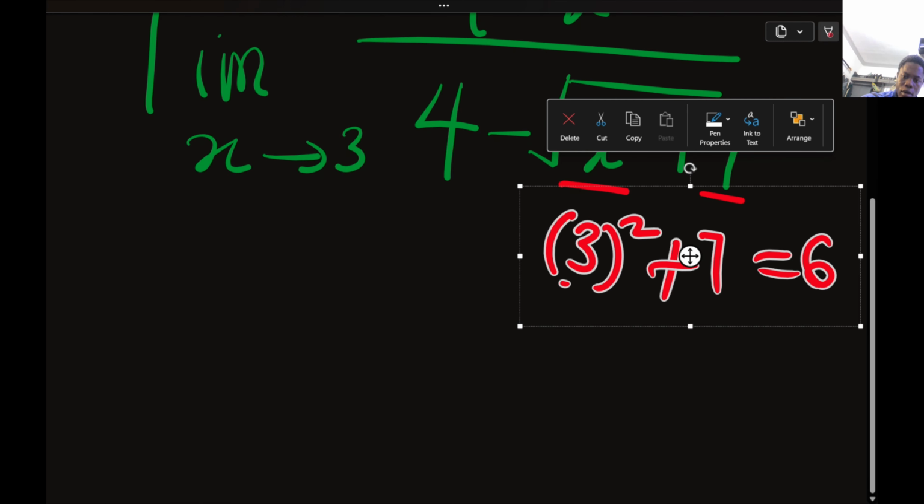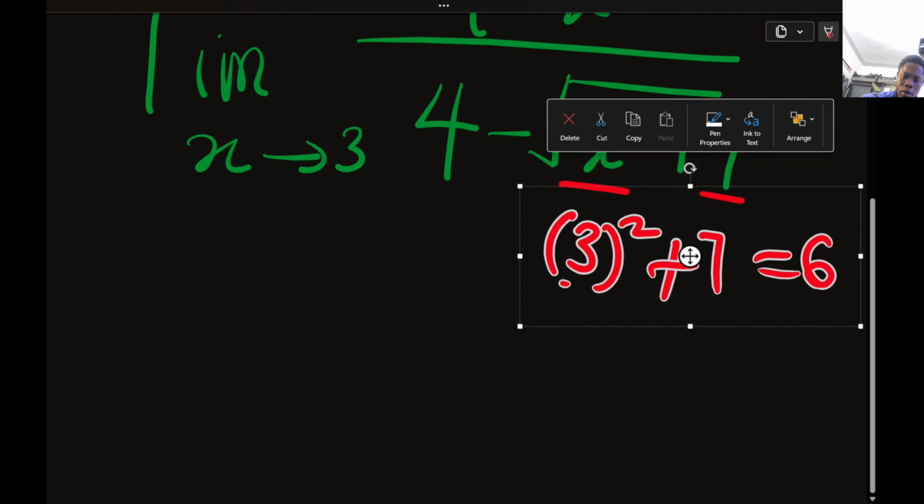So let's start work. This becomes the limit as x approaches 3. Our numerator here is 9 minus x squared, and the denominator is 4 minus the square root of x squared plus 7.